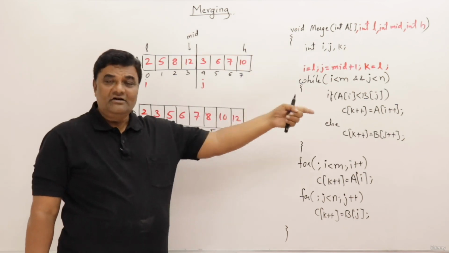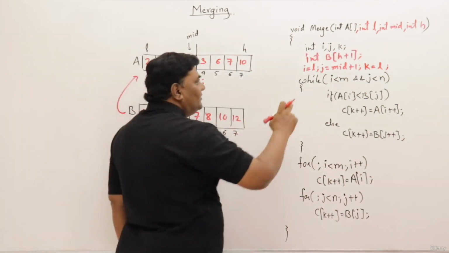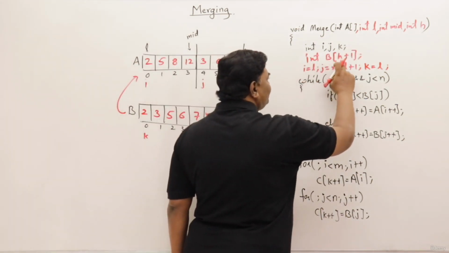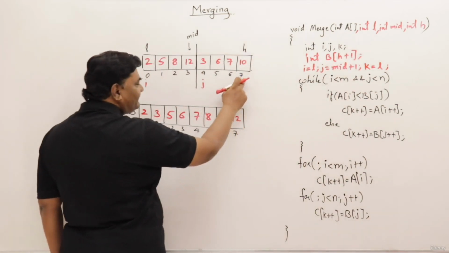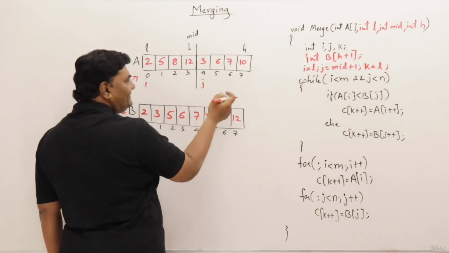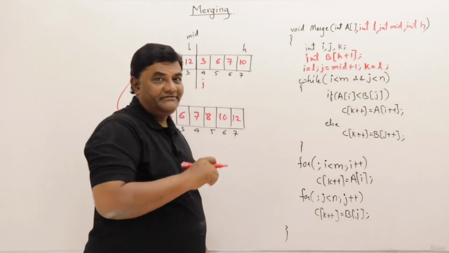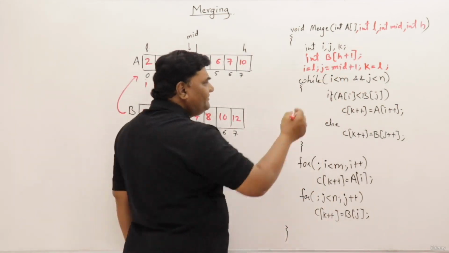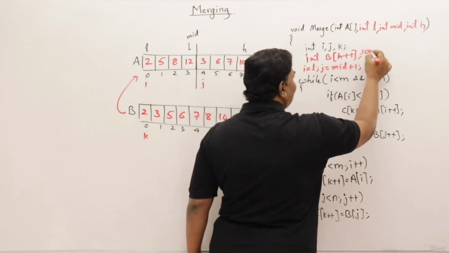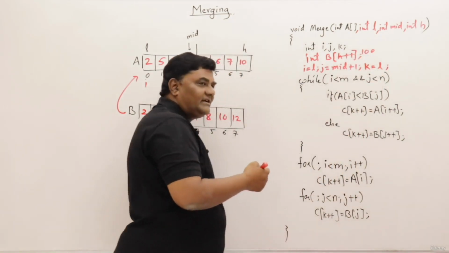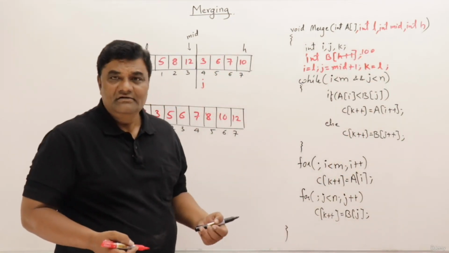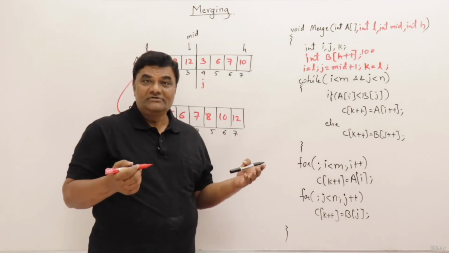So let us create an auxiliary array B. Here I am creating an array B of size h plus 1 because high is till 7. So I need an array of size 8. So h plus 1, 7 plus 1, 8 I have given. Otherwise you can take one bigger size array, let us say 100, if you don't bother about space.